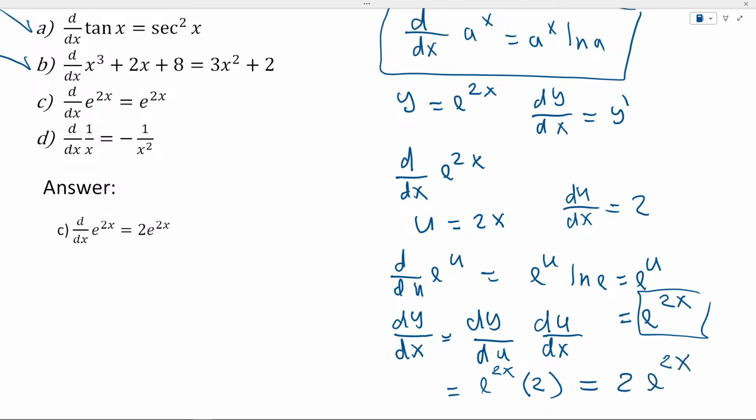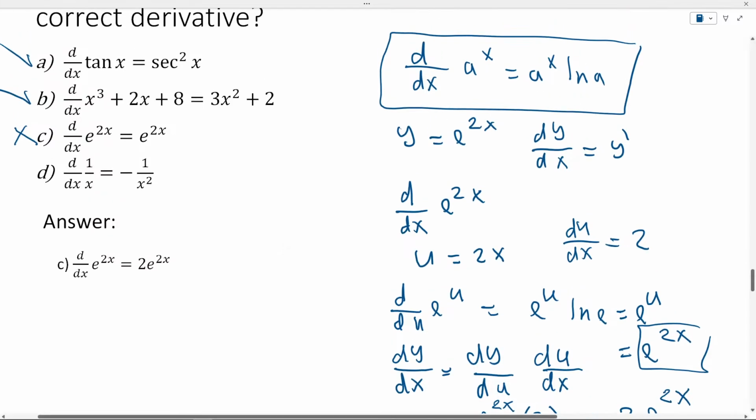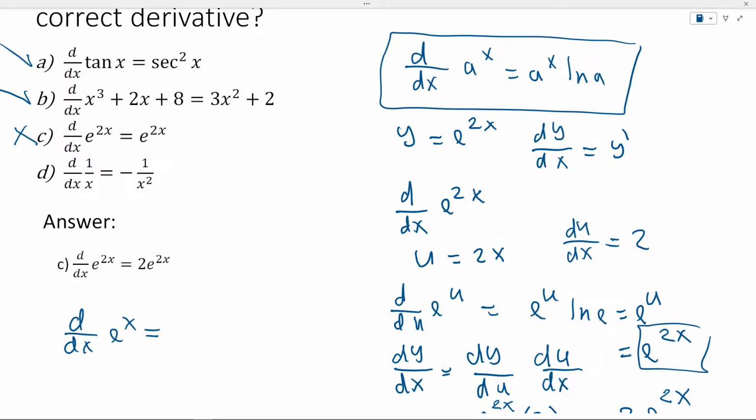And again, this is similar to what I told you previously. Here the 2 was missing, so this was wrong. You do these things by experience. You know that the derivative of e to the power x is e to the power x, you get the same.